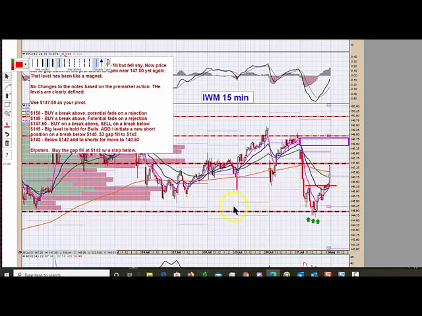So you made $1.25. You got in at the break of 147.50 and you got out at 146.25. Price never broke above this 147.50. There was literally no way you could have gotten long if you were here.